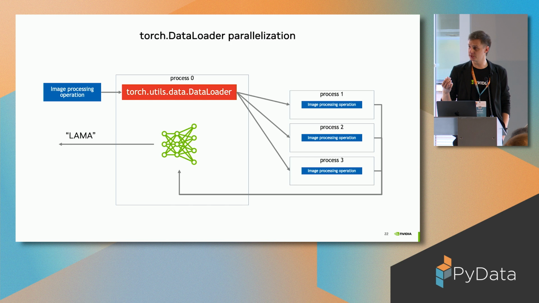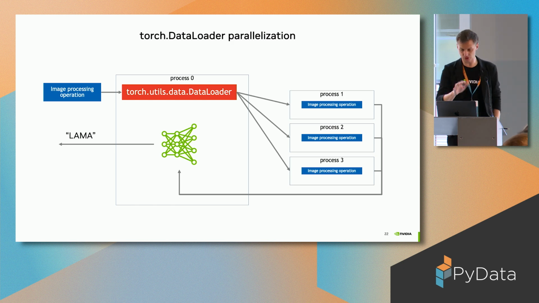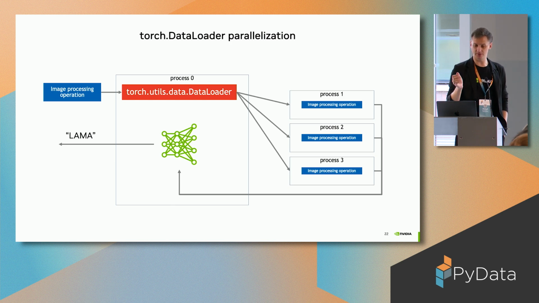So, the Torch DataLoader allows us to parallelize processing within processes, not threads. It works, that's great. What Torch DataLoader does is fire a process for my particular image processing operation. It creates one process, and parts of my batch will go to each process, depending on configuration.